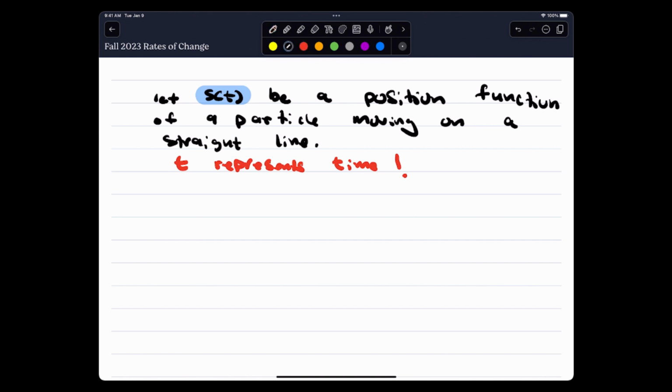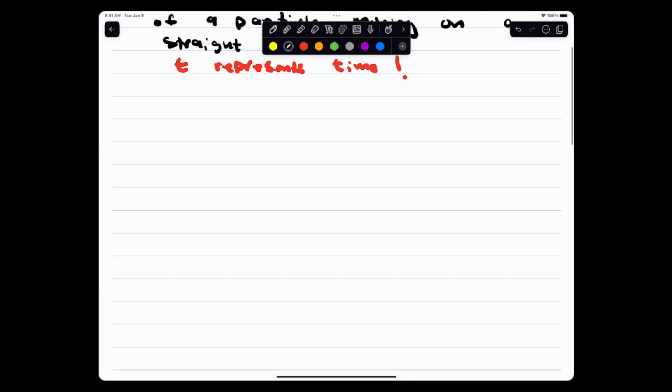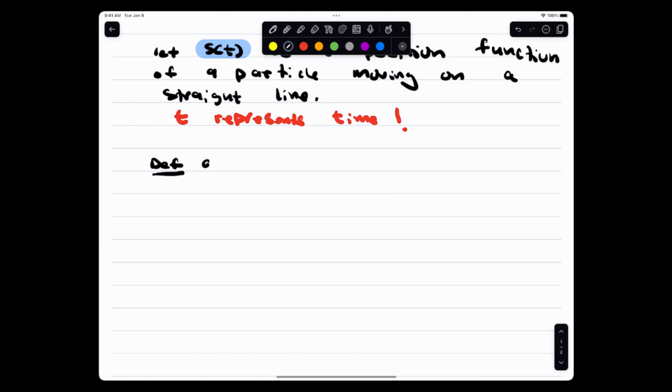I've got to give you a couple of definitions here. We call it an average rate of change.